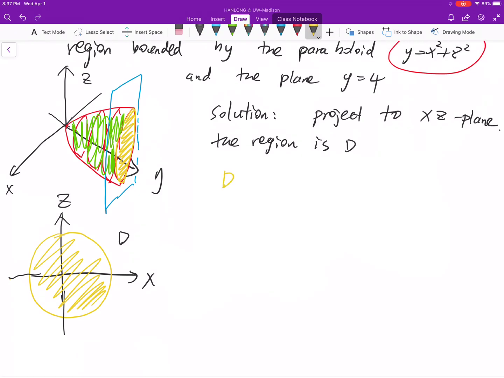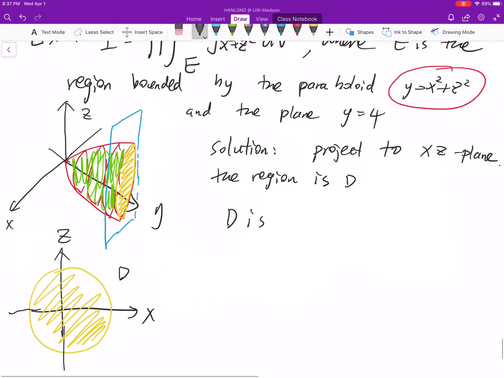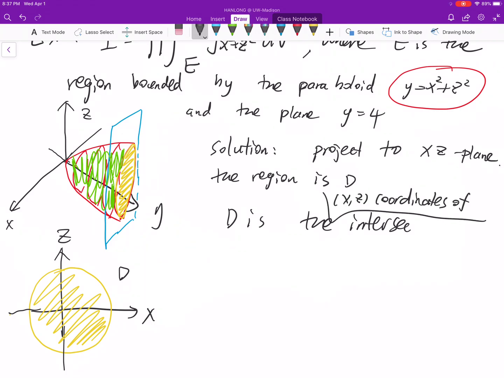So D is given by the XZ coordinate of the intersection of the blue plane and the red paraboloid.